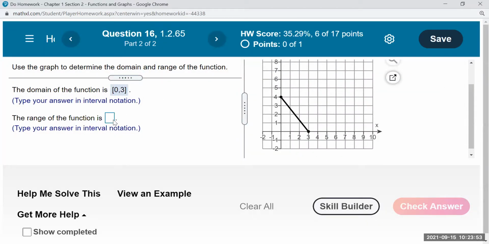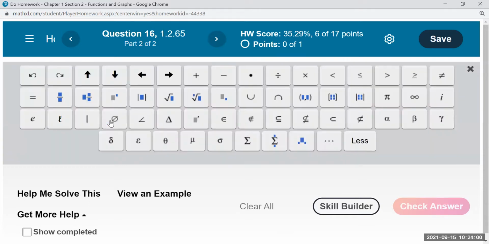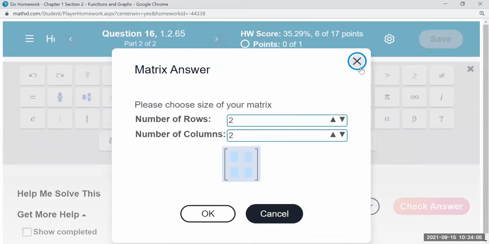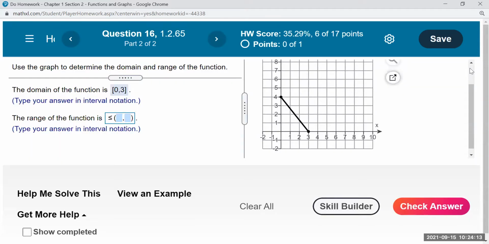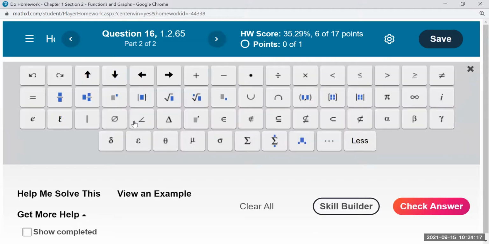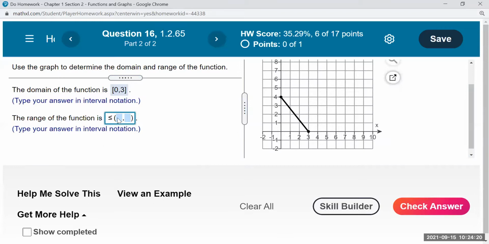And the range, the y values? No, no, no. This is frustrating. If you look at the y values, it starts at 0 and goes up to 4.